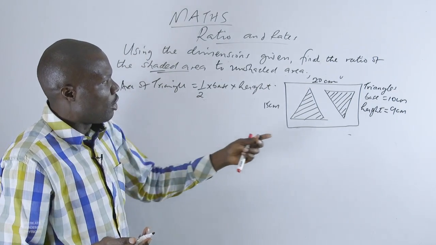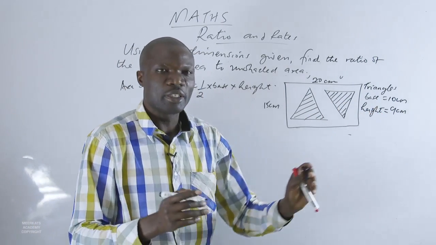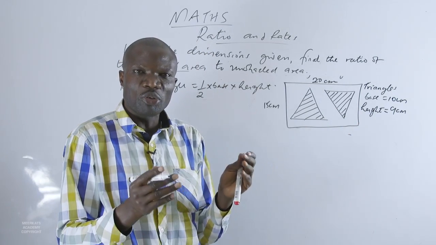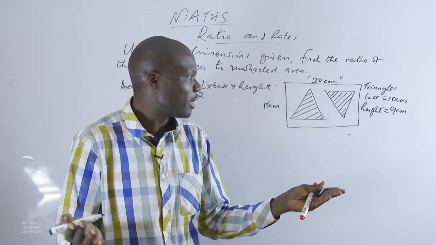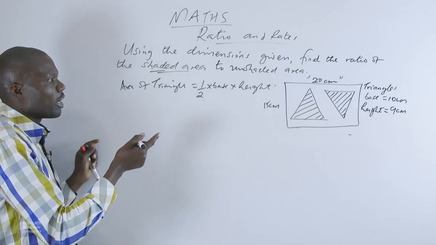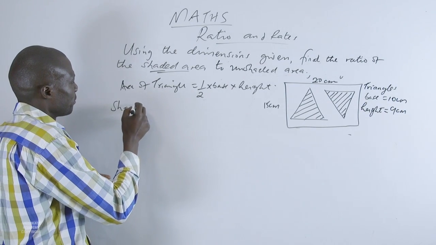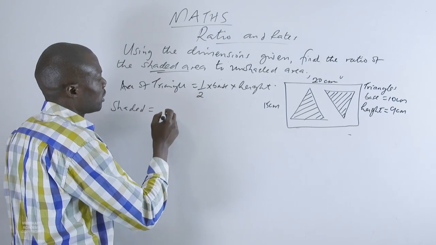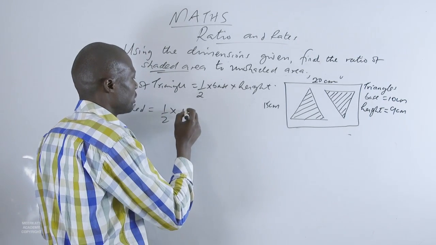That's what we have. We've been told the 2 triangles are similar. The base is 10, the height is 9. So we're going to look for the area of one triangle, and then we multiply by 2, and we shall be done. So we are starting with the shaded region, which is the triangles. So it is a half multiplied by the base. What is the base? 10.